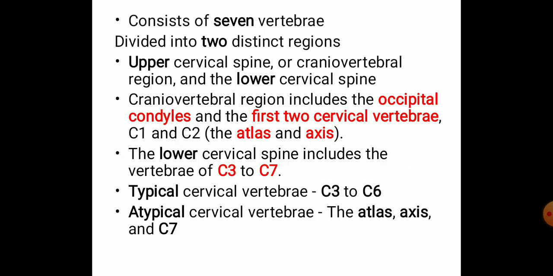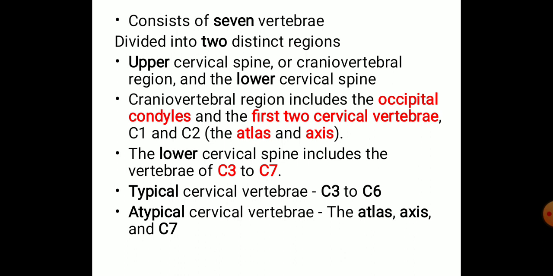So mainly the cervical vertebral column consists of 7 vertebrae in total. To understand the cervical region in detail, and to make things much clearer, we can divide it into two regions. The first is the upper cervical region and the second is the lower cervical region.